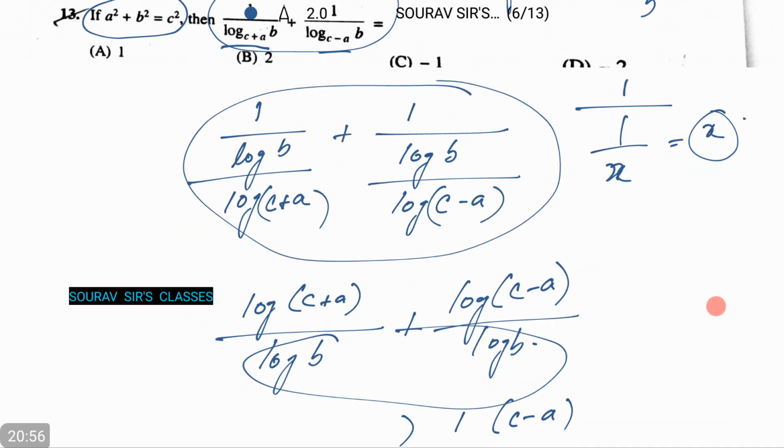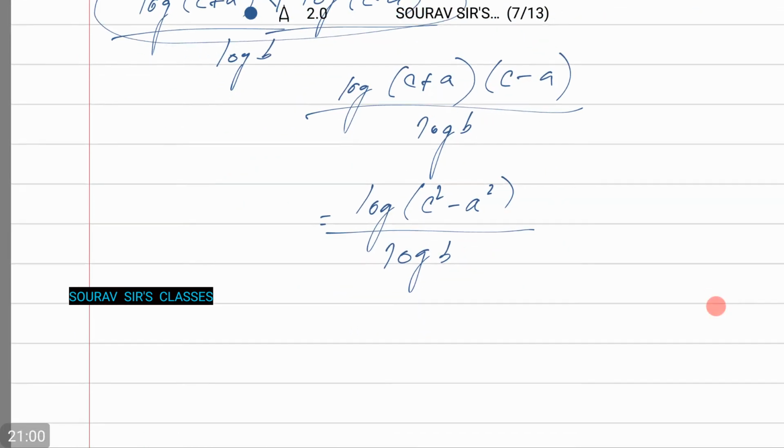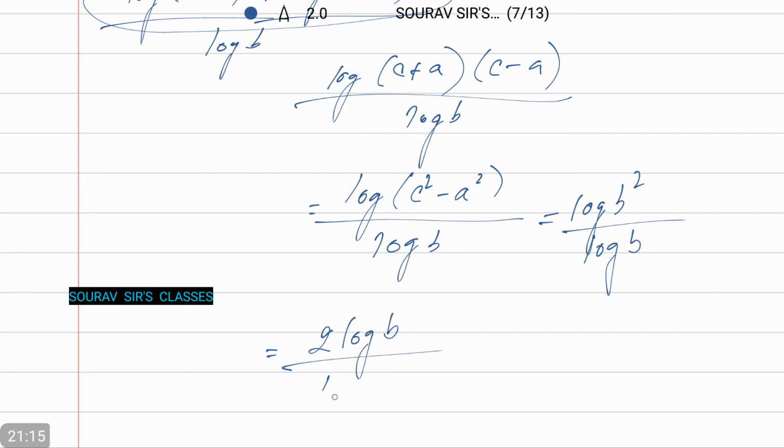So we can replace this as log b squared by log b. Now we can simplify this and write it as 2 log b by the law of logarithms, and log b gets cancelled, so we are left with 2.